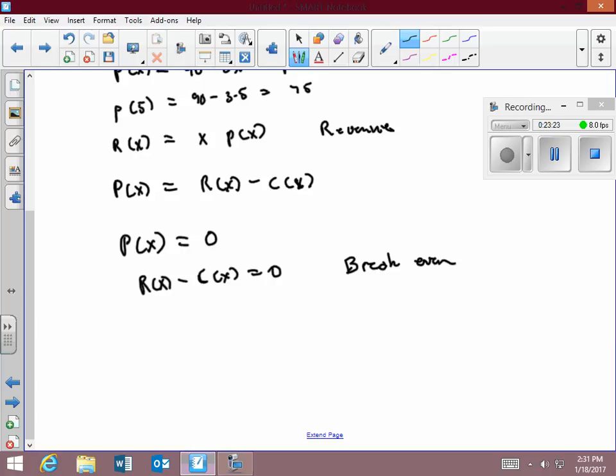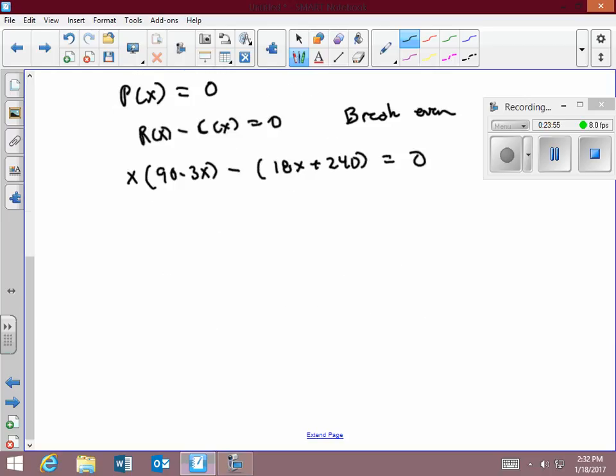And you can actually calculate that with this information, because the revenue is X times P of X, which, if you notice in this thing, is 90 minus 3X. And then the cost is 18X, so I better put a bracket, 18X plus 240. Now I'm just going to solve it.